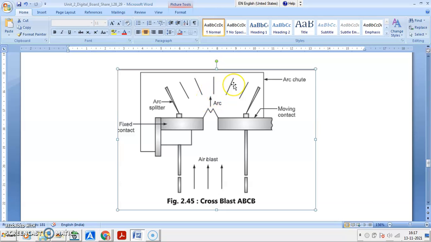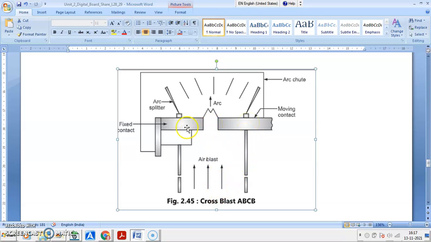The arc gets propagated in the upward direction. And this is an entire closed chamber. Forced air or blast air, high pressure compressed air, is applied when the moving contact separates from the fixed contact.